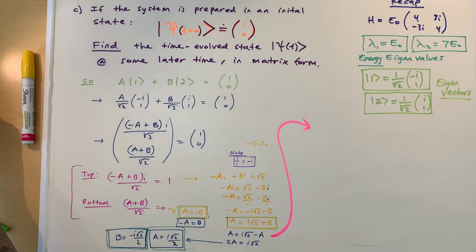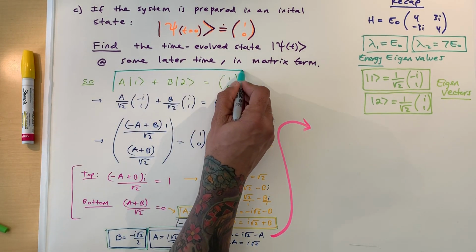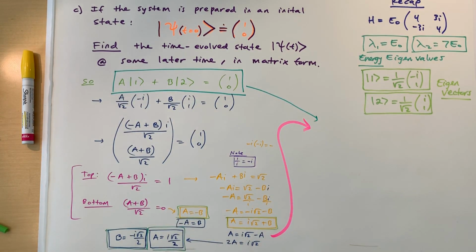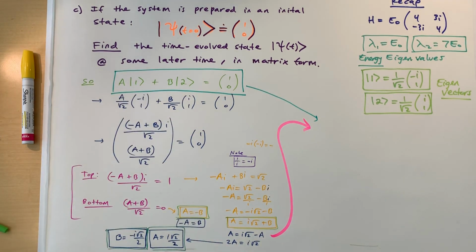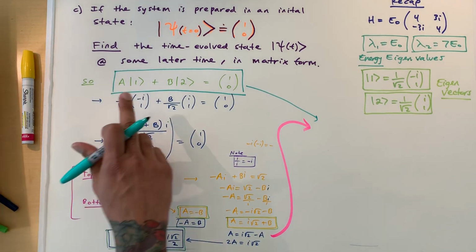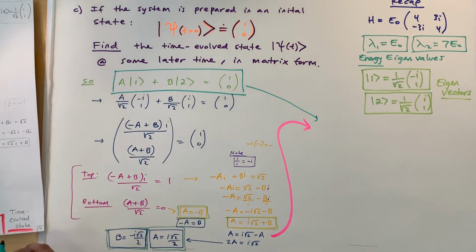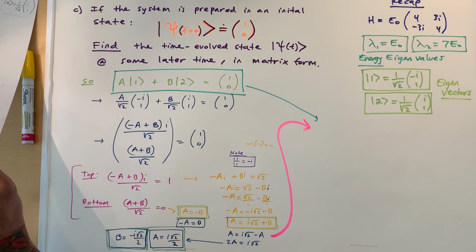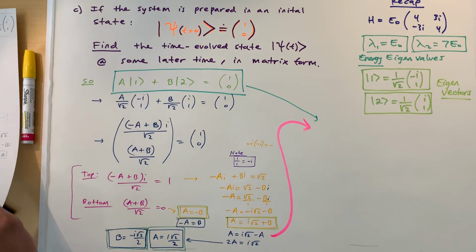Our initial equation was this, right? And so this is what we're gonna be replacing. We have the values for A, and we have the values for the state vectors. So let's do that. I'm gonna do it in two different colors so that way it can be clear. Okay, so I'll take this one and this one.